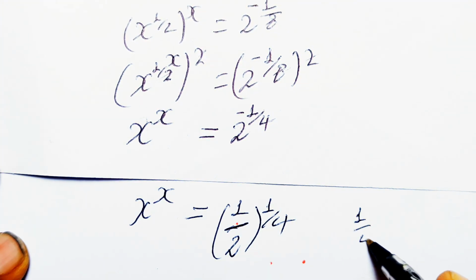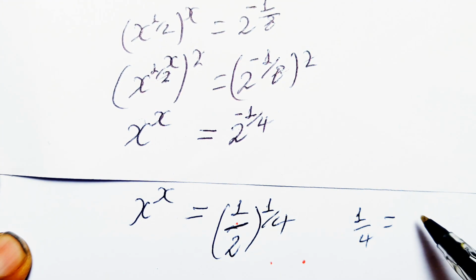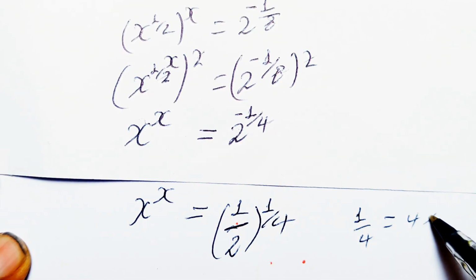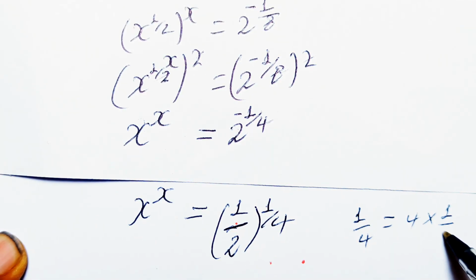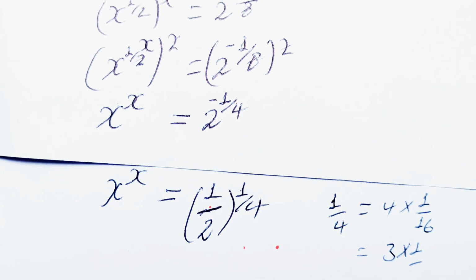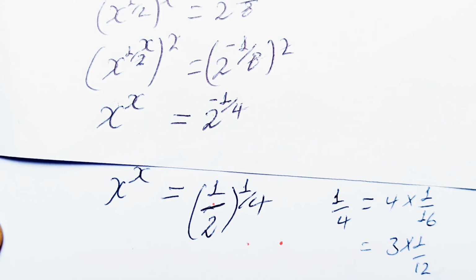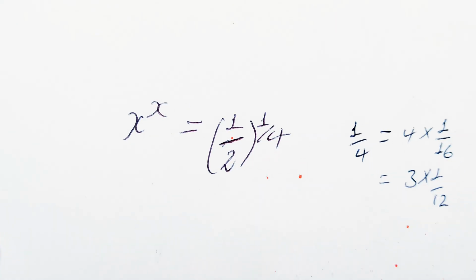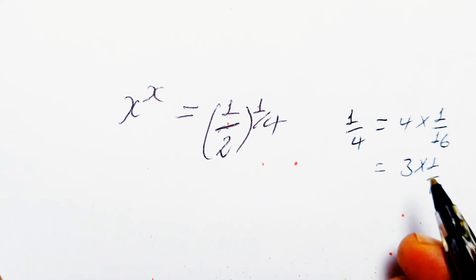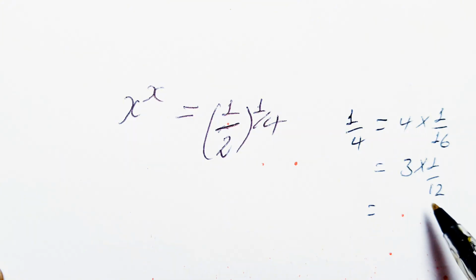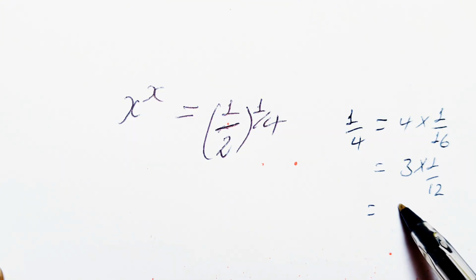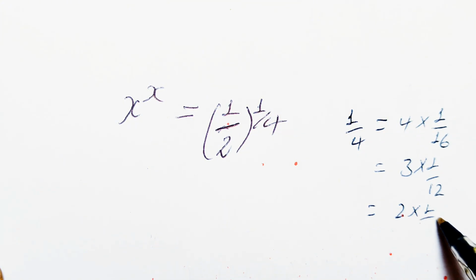So 1 over 4 can be written as 4 times 1 over 16, or 3 times 1 over 12, or 2 times 1 over 8.